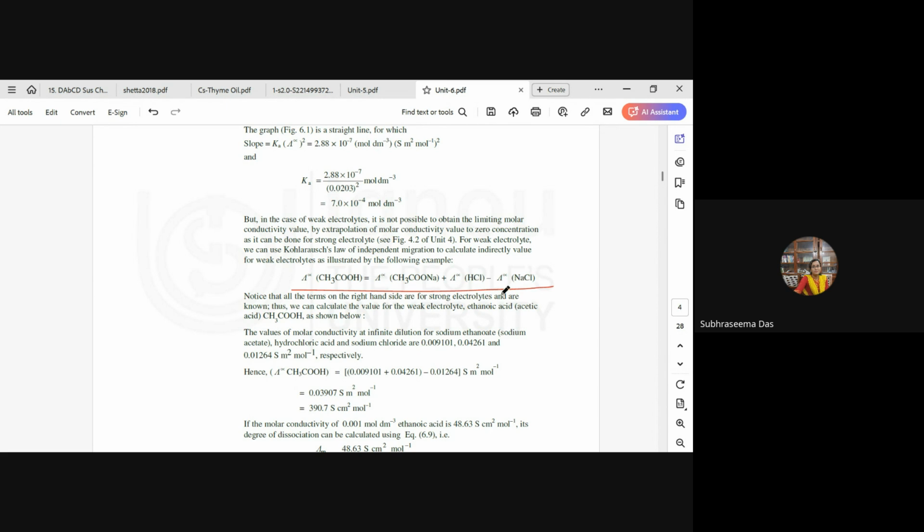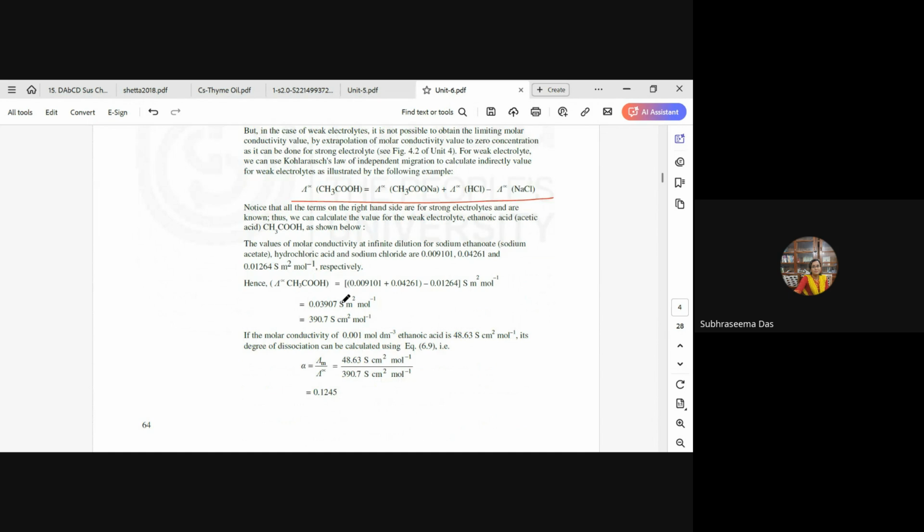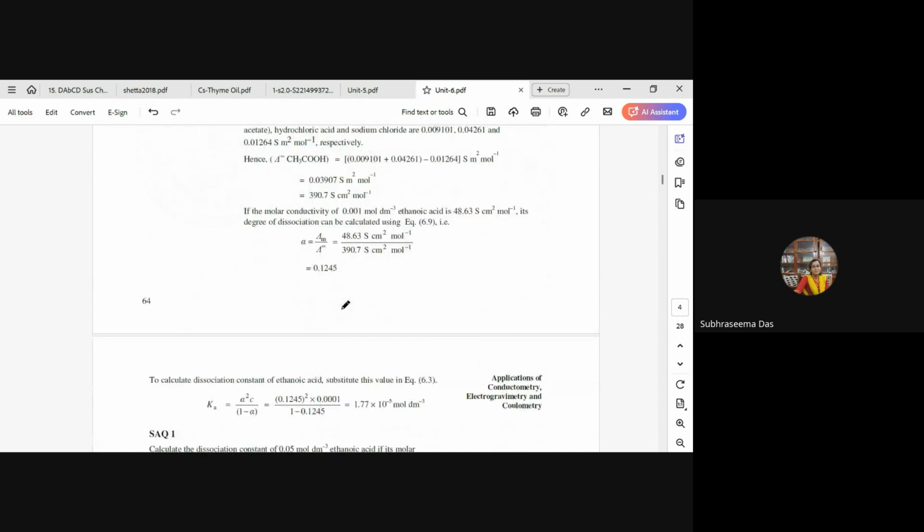So the sodium and chloride terms cancel out, and it gives us the value of lambda infinity of acetic acid. The values of molar conductivity at infinite dilution for sodium ethanoate are shown as one example, and how we can calculate the lambda infinity values.